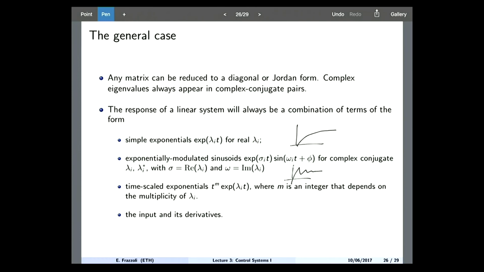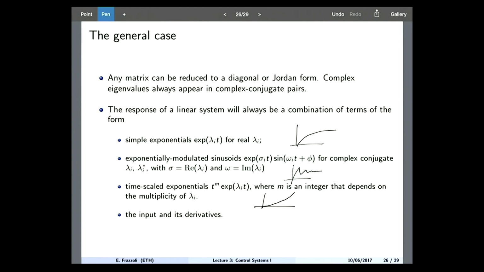Or you can have things that look like some exponential multiplied by time. In particular, when this lambda is 0, what you will have is really polynomials. So maybe you can have a parabolic response or a ramp, a linear response, or things like that.